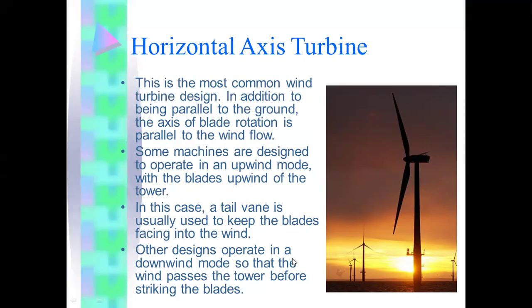Other designs operate in downwind mode so that the wind passes the tower before striking the blades. In opposite to this design, if air is coming from this side, then air will strike the tower first, then the blades.